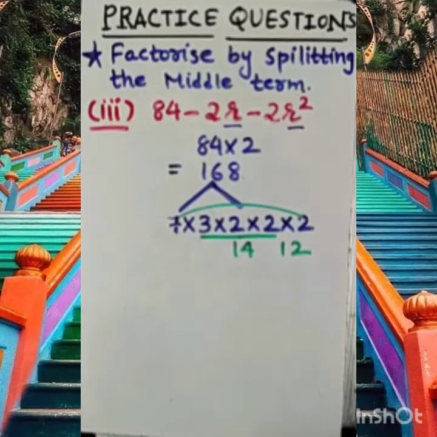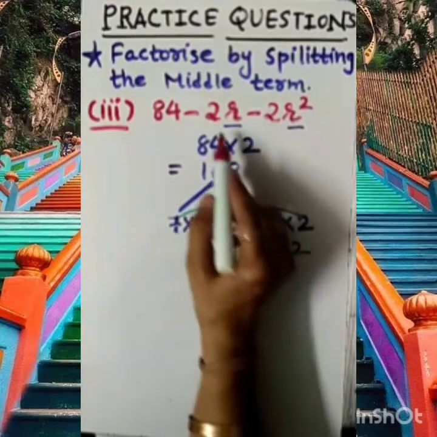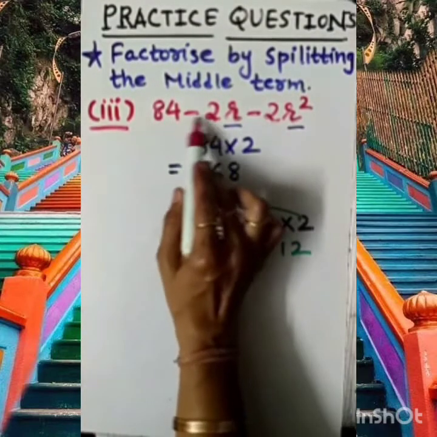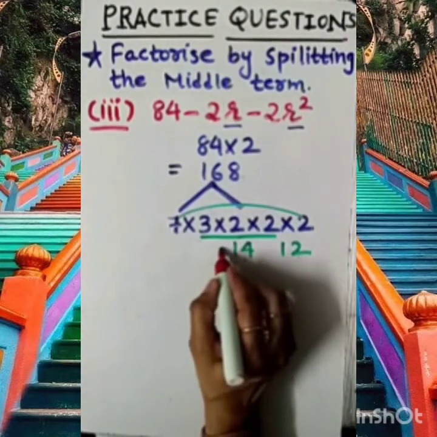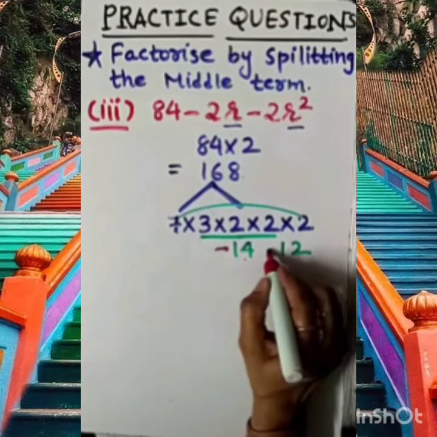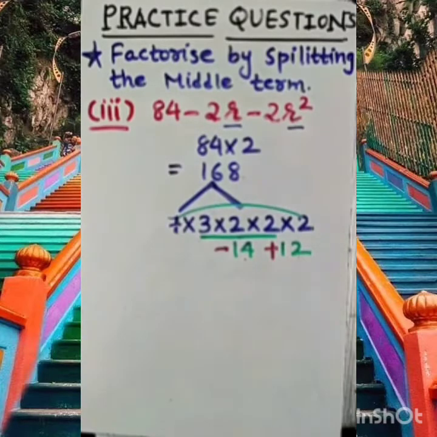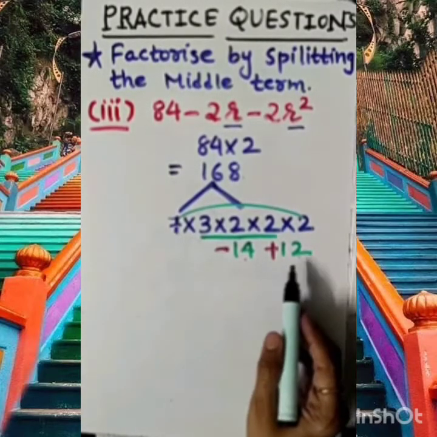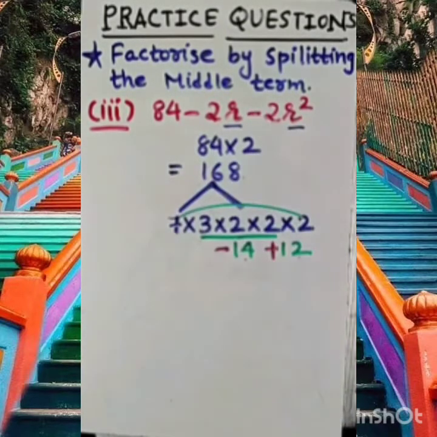Okay. So you can see the difference of 14 and 12 is coming 2. But as it is a negative number here, the big number's sign will be negative and the small number's sign will be positive. So finally, the factors of 168 are 14 into 12, whose simplification gives the middle term minus 2. Fine.